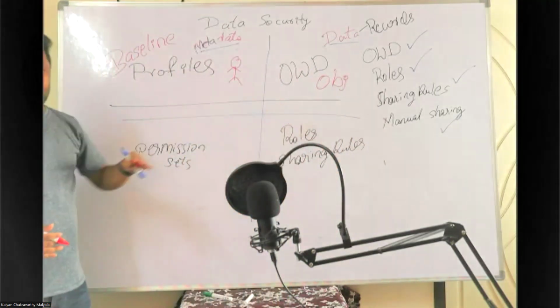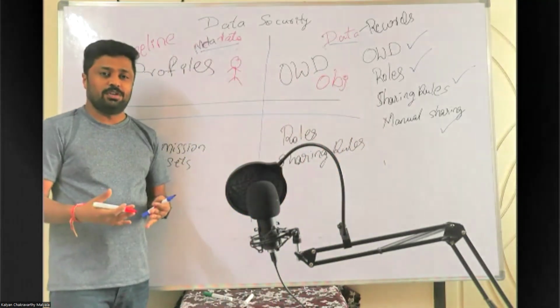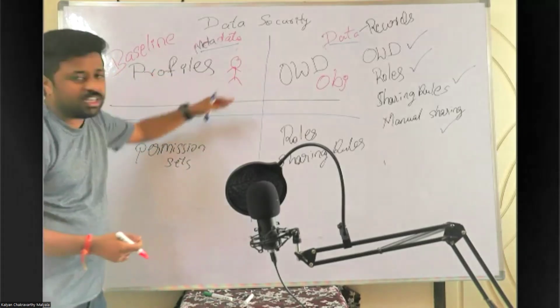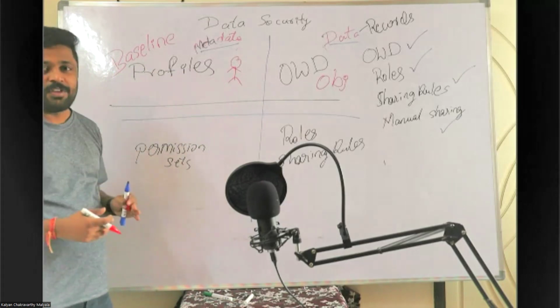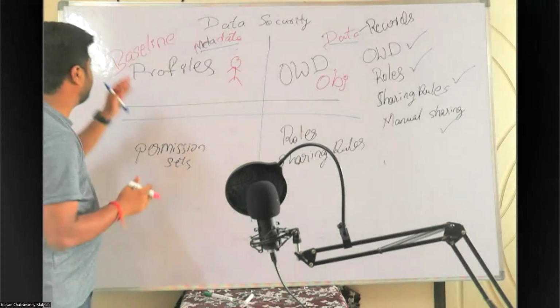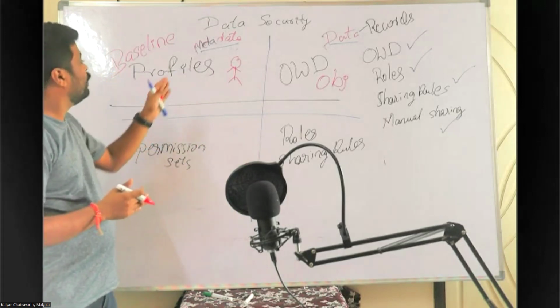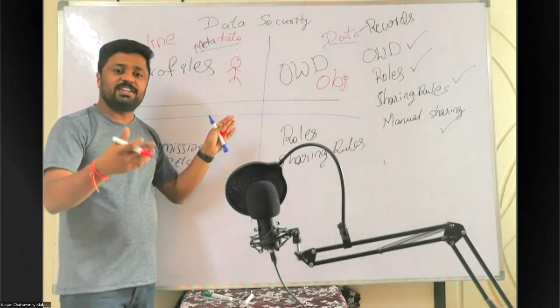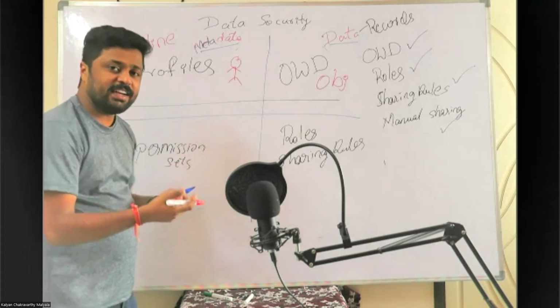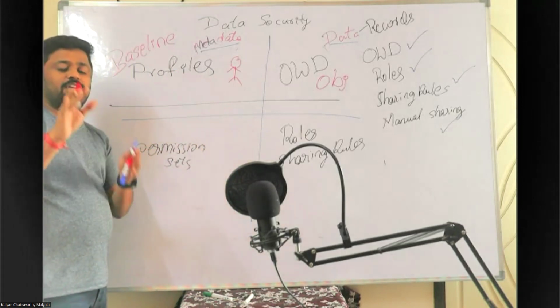This is the base rule. We can't create a user without a profile. There should definitely be a profile associated with the user. That profile will decide what the user is going to see, edit, delete, update or create in your Salesforce organization.